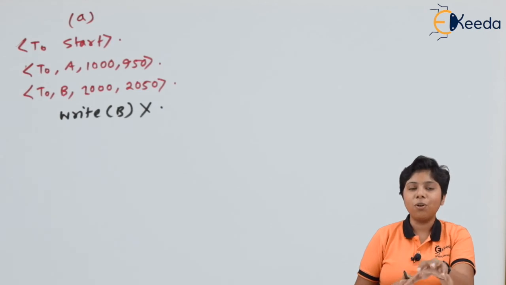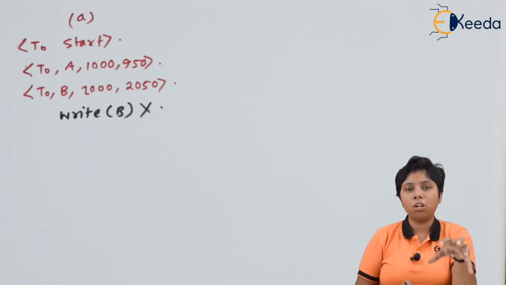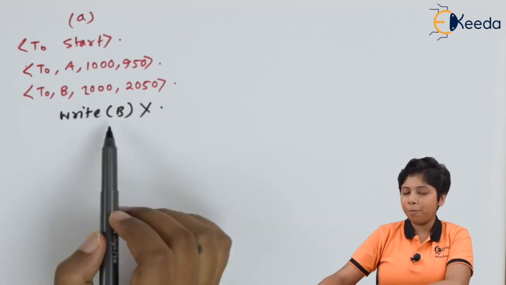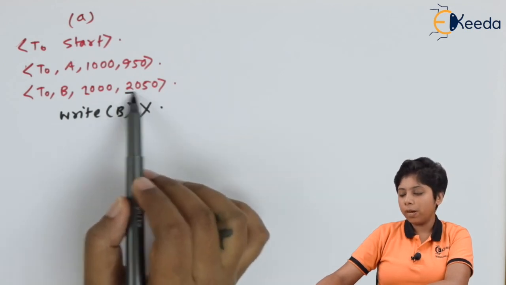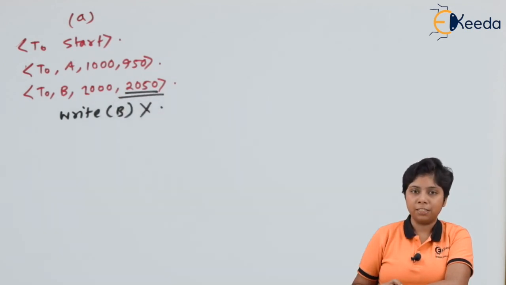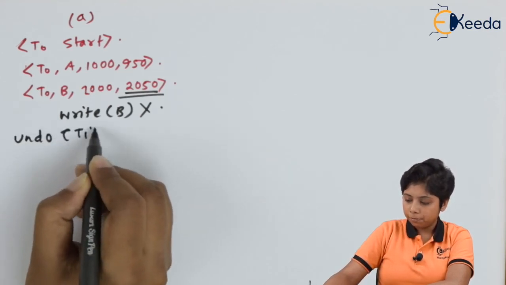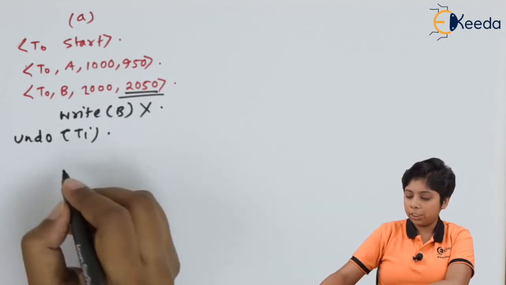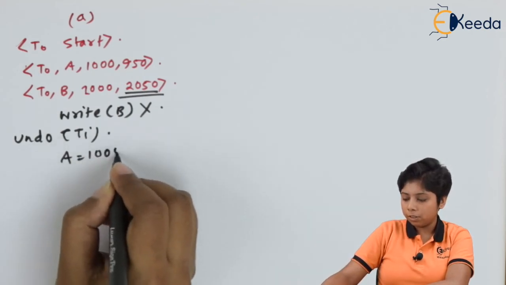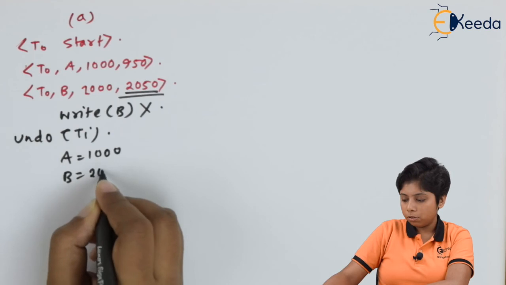We need to know that first we need to write the log record and then only we can update the database. But this write B has not been performed, so the 2050 will not be updated. So we need to undo this operation. So we can undo T0, by which we can achieve the previous values A equals 1000 and B equals 2000.